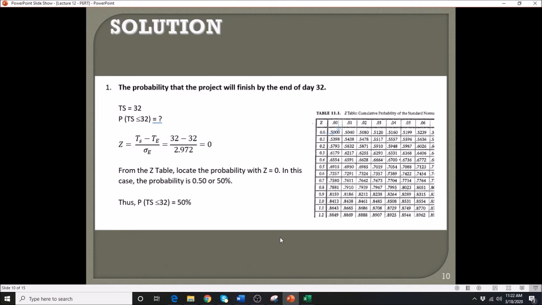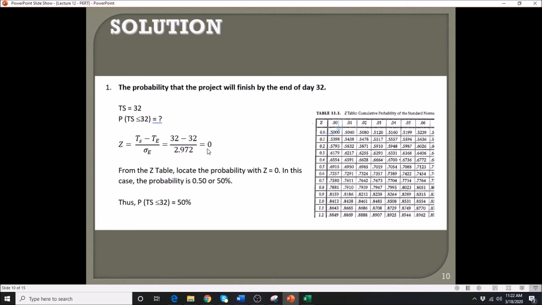Say, for example, if I have 1.15, that will be 1.1 plus 0.05. So if you have 1.15, that will be located within the row of 1.1 and within the column of 0.05, because 1.1 plus 0.05 gives you 1.15.